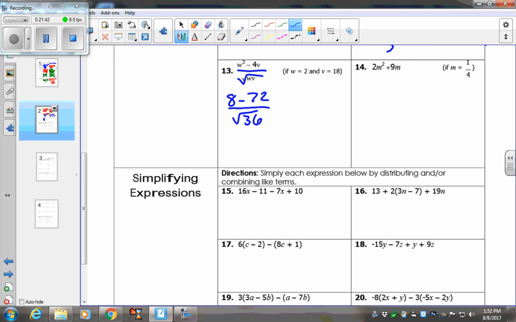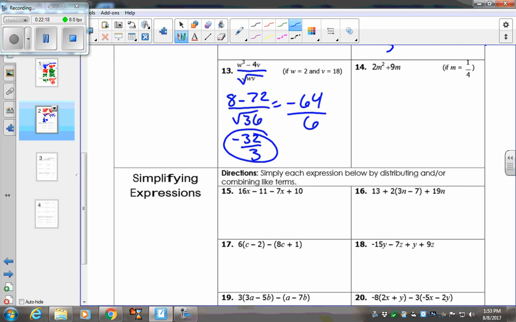What is 8 minus 72? Negative 64 over 6. Yep. Negative 32 over 3.